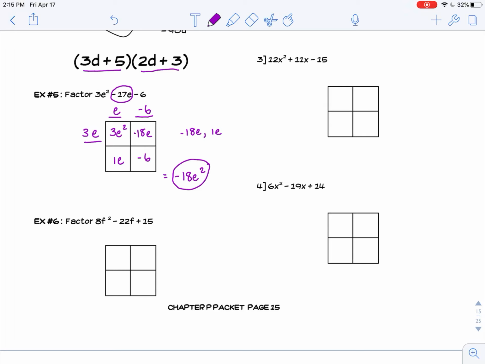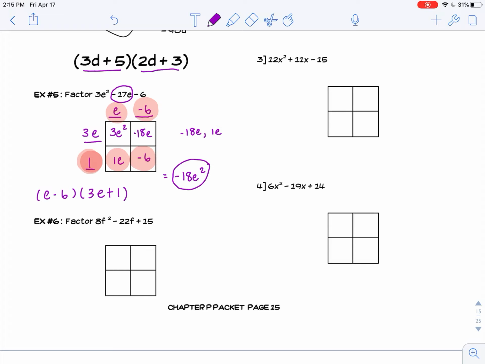Now we go down. E times blank should give me 1e. Well, that's just 1. E times 1 is 1e. We could also see that negative 6 times 1 is negative 6. So what does this factor out to be? E minus 6 times 3e plus 1.